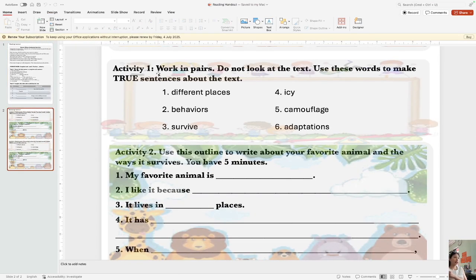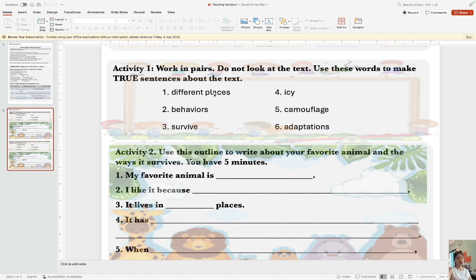I will ask them to not look at the text, but use the words to make true sentences about the text. I believe this is a simpler version of summarizing, right? And this is shorter and easier for them to do.